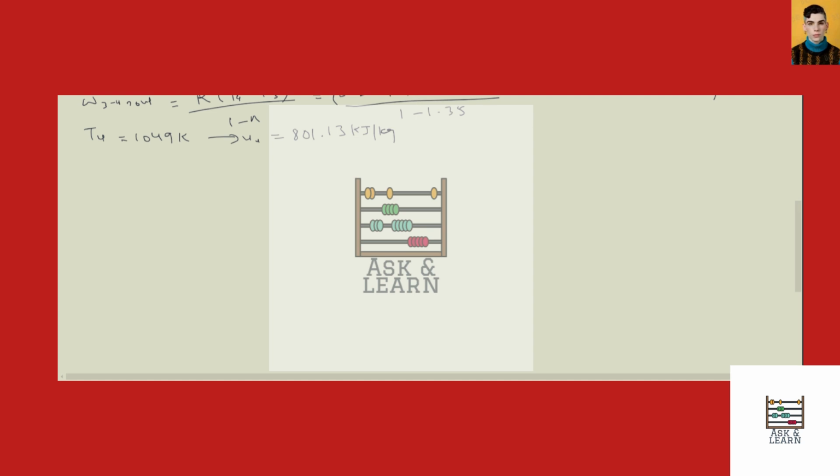The energy balance gives E in, the input energy, minus E out is equal to delta E, the whole system energy.